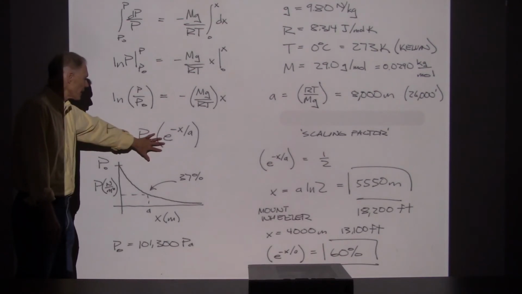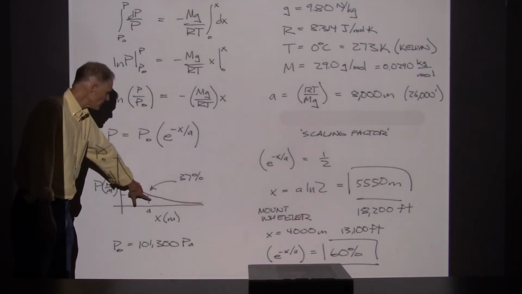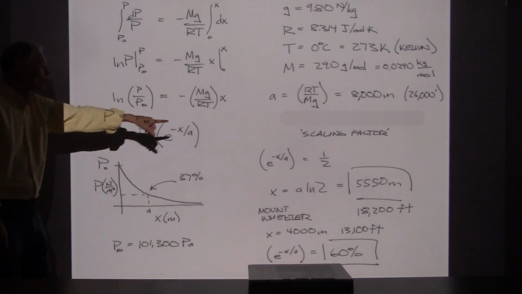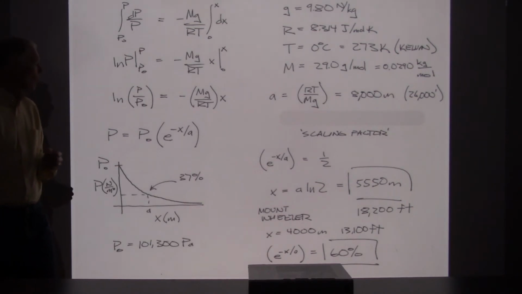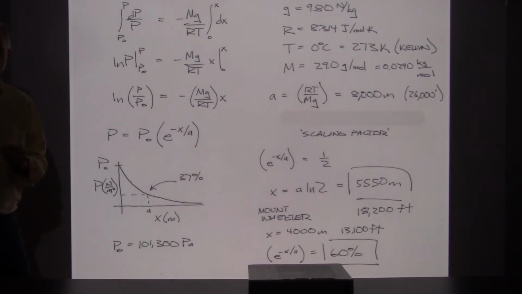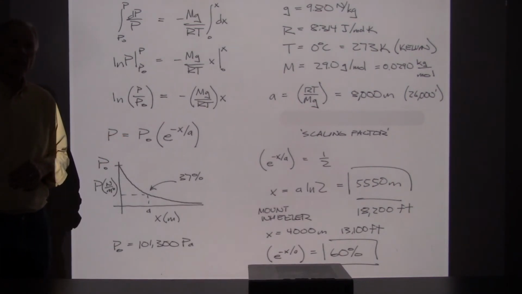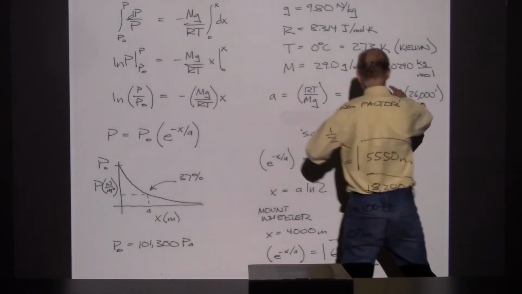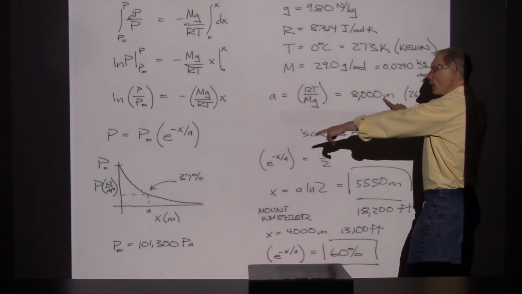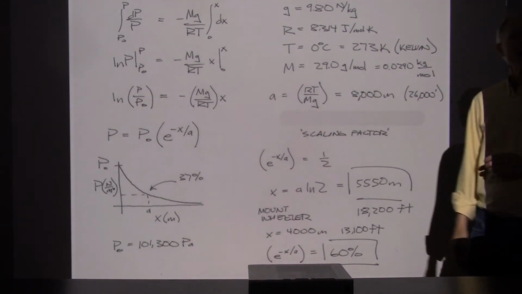And again, for base e exponential drop-off, one scaling factor, a, is going to drop us down to 37%. Two of those would drop us down to 37% of 37%, which is about 14%. And then three of those drop us down to about 5%. So what that tells us is if I go up just 8,000 meters, the atmosphere is already down to about 37% of the pressure at the surface.